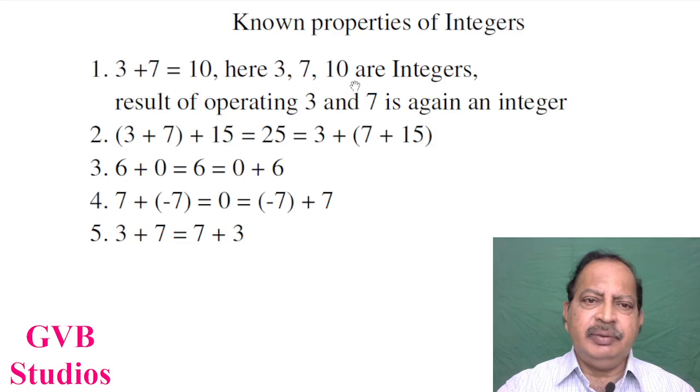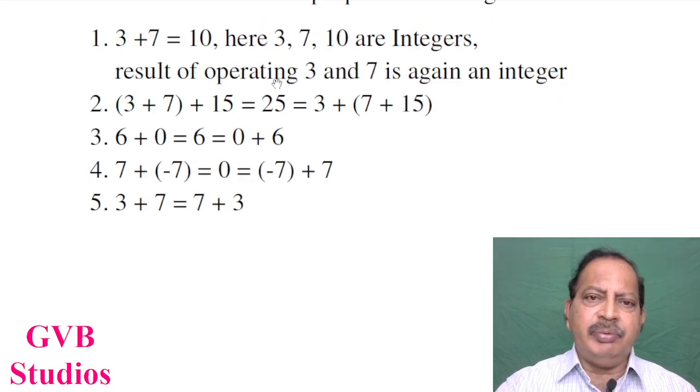The result of operating 3 and 7 is again an integer. Here 3 and 7 are operated with respect to plus, or we say addition, and we get an answer that is also an integer. That means it belongs to the same set of all integers.